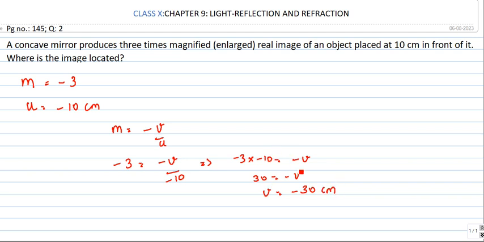Yes. So the image is located at a distance of 30 centimeters in front of the mirror, and it is already given in the question that it is an enlarged image. So the image is real, inverted and enlarged.